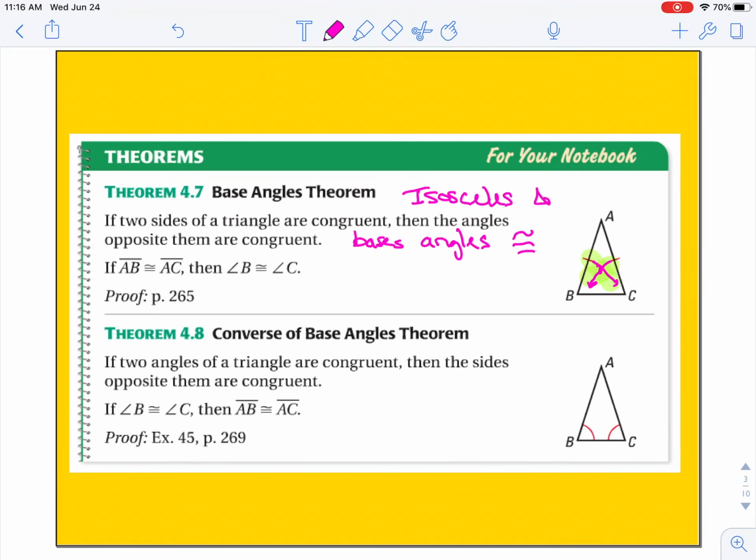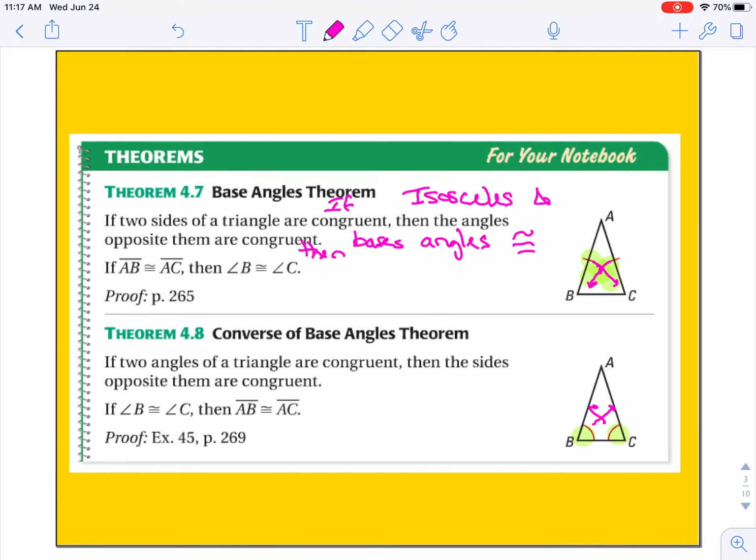The converse, if you remember what converse is, switches the if and the then around. So now we're saying if you have these two base angles that are congruent, then the sides opposite them are also congruent.